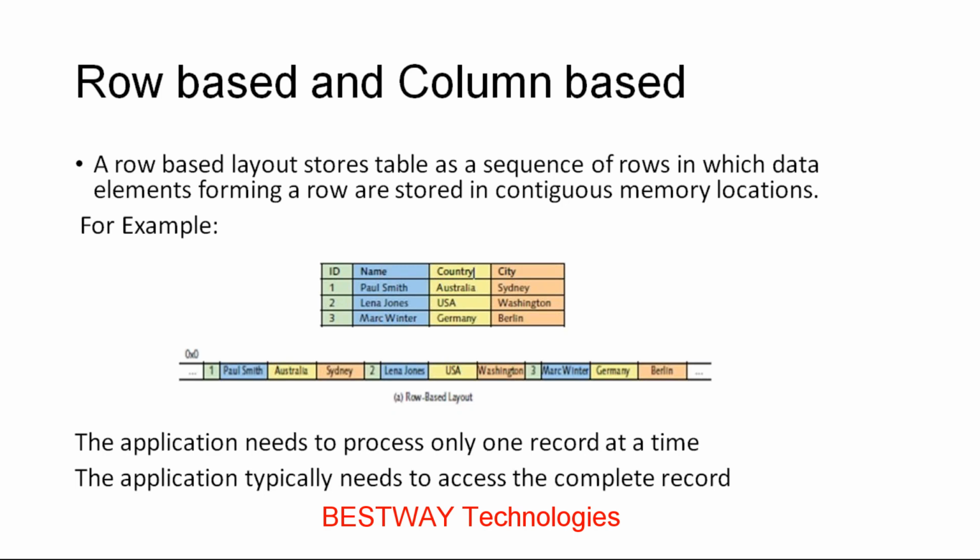When you insert it in an Oracle database, it places it row based, meaning row-wise. We cannot see this in the database because it is completely database architecture. So the first row, 1, Smith, Australia, Sydney, is aligned, then the second row, and then the third row. Row by row, the data is aligned.